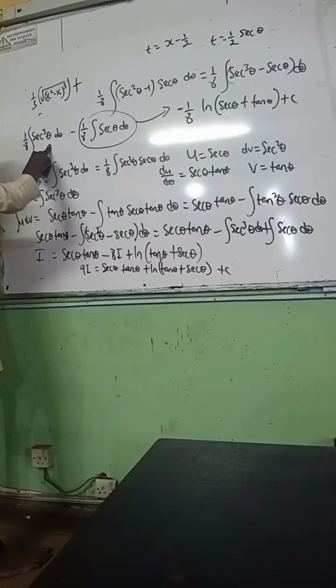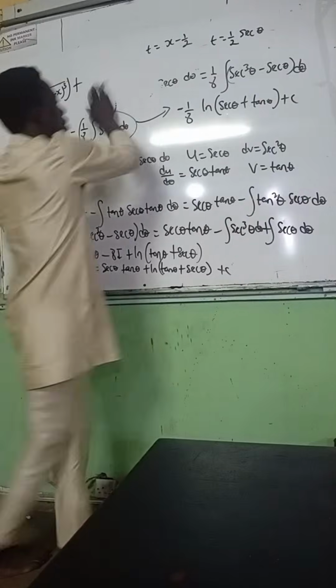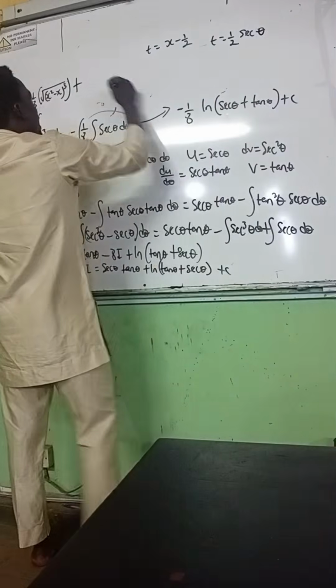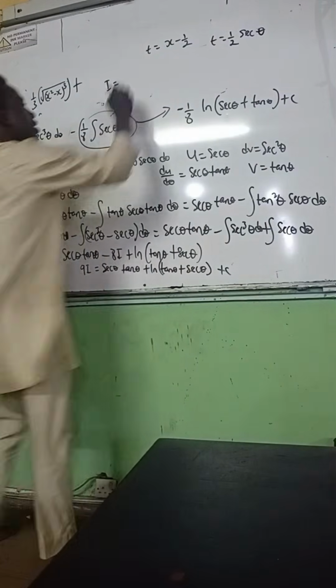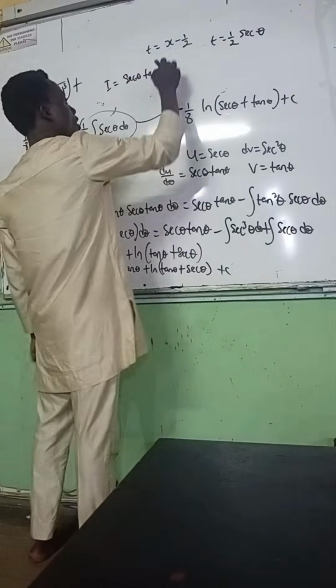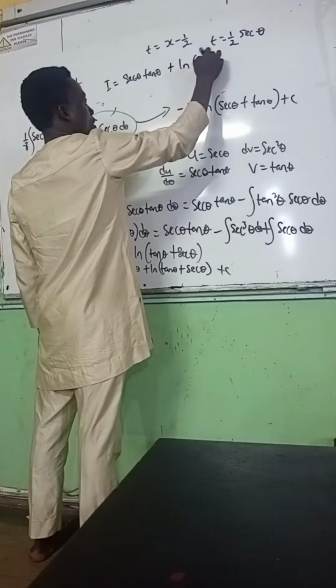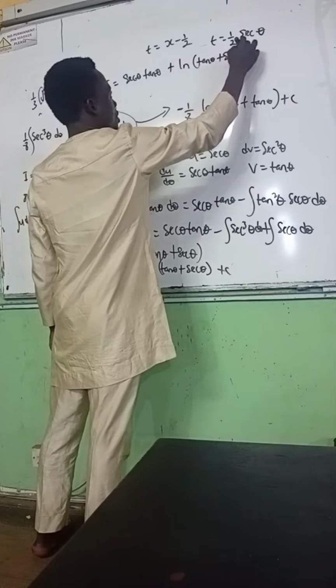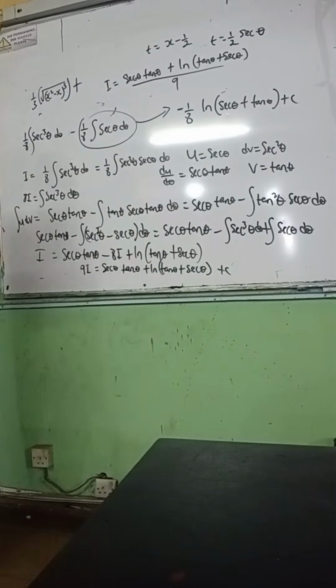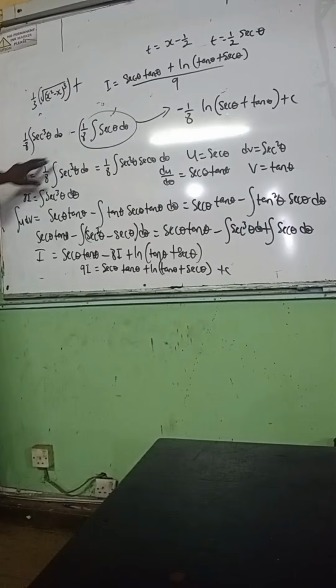this is what we are solving. Let me clean this. So I now will be sec theta tan theta plus ln tan theta plus sec theta, over 9. This is the solution to all this.